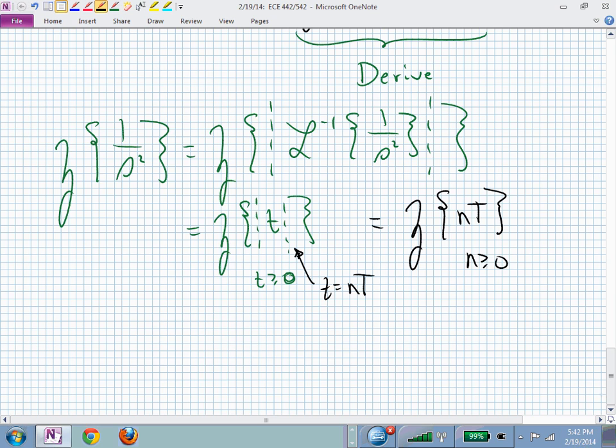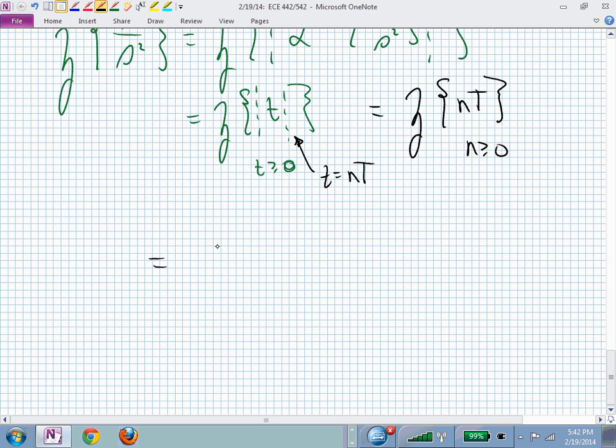And the z transform of anything, and in this case it's one-sided, we're going from n equals 0 to infinity, is simply the functional form of that waveform, which is nT. Capital T is just some sampled period value. That's a constant, and n is really our index, and that's what's changing with time.